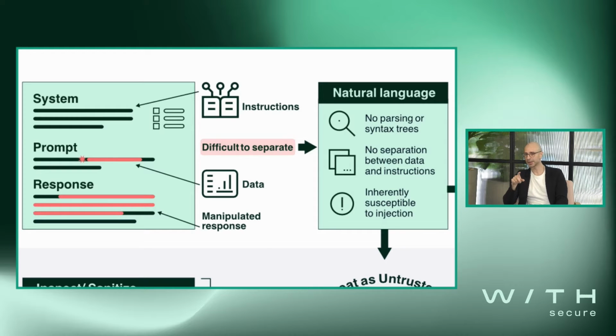So the LLM cannot distinguish easily between what was the original instruction and what is the data that that instruction is supposed to operate on. And that's where the issue comes from, because my job application becomes essentially a new instruction that the LLM will follow. So the response is now manipulated to serve me. That's one of the fundamental issues with natural language.